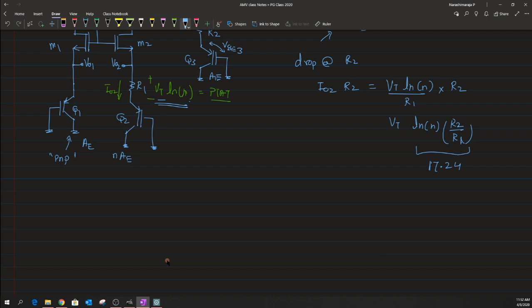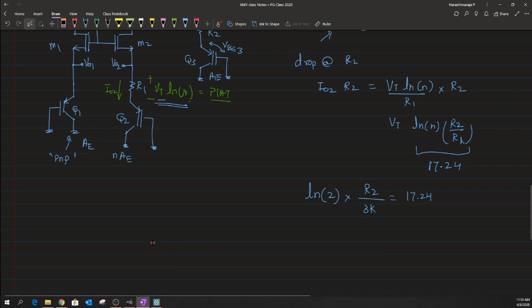Again, plug in the value of ln of n, which is 2, and the resistor value of R1 is already known, which in our case is 3 kilo ohm. We just need to evaluate the factor of R2, and both of these values are supposed to be equal to 17.24.